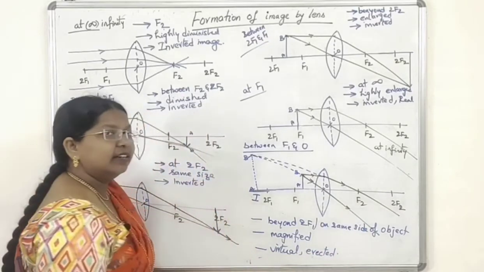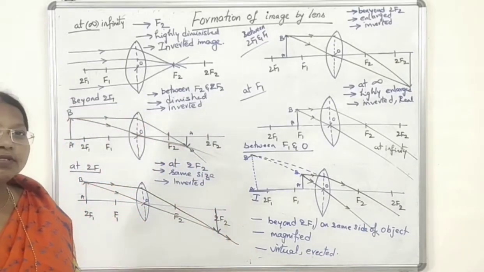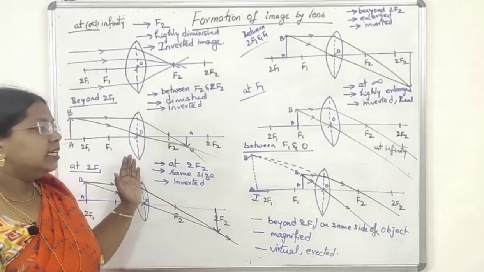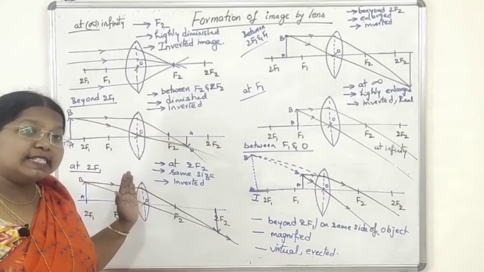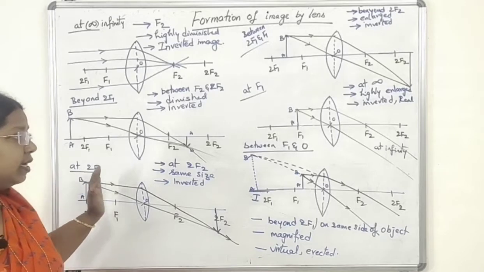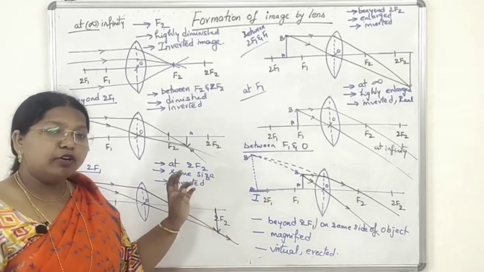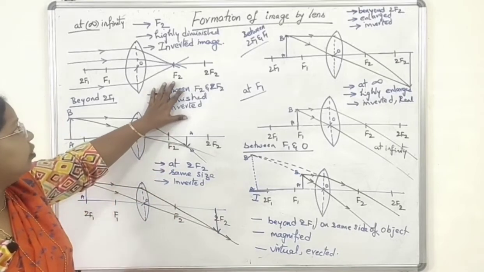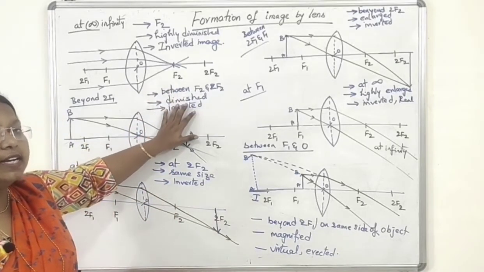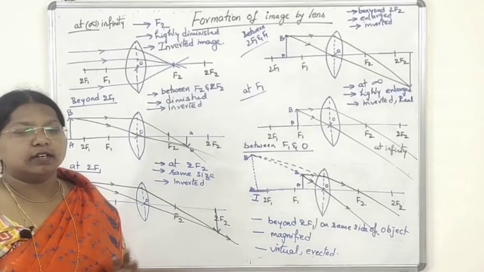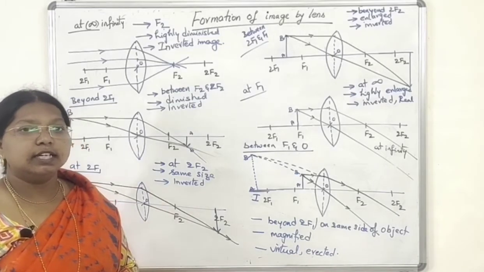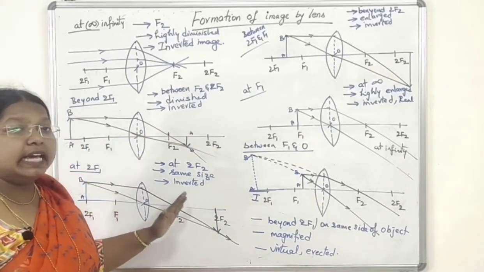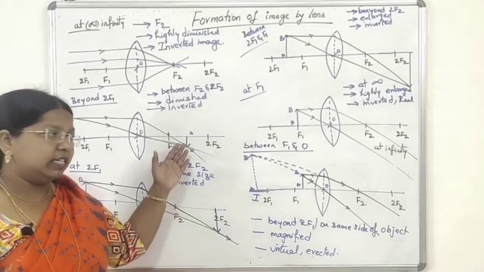Virtual and erect. Is it clear, students, now? So these are the different positions of the same object. I am placing the same object at different positions, drawing the ray diagrams and concluding the position, nature and size of the image. Clear?